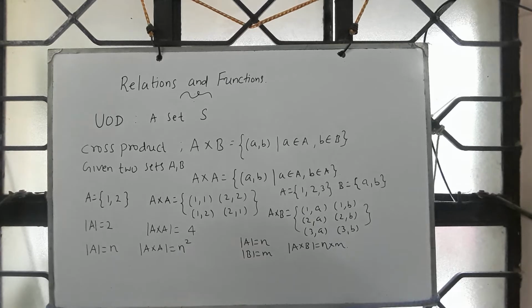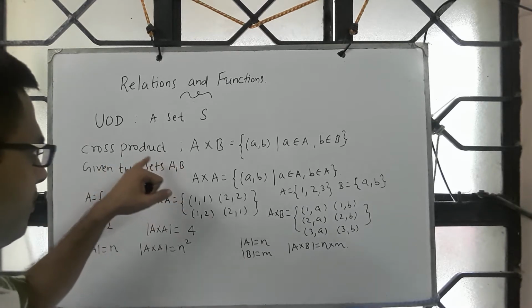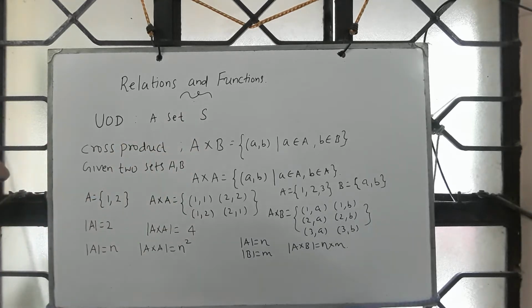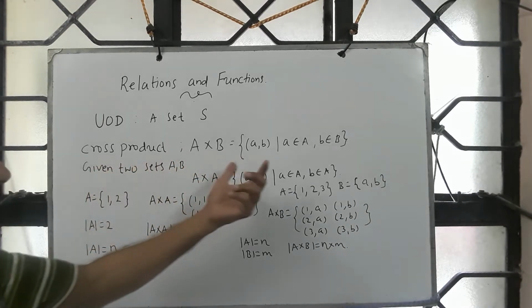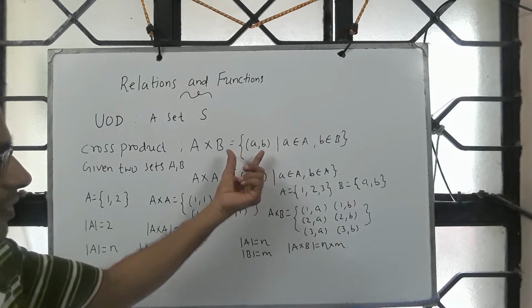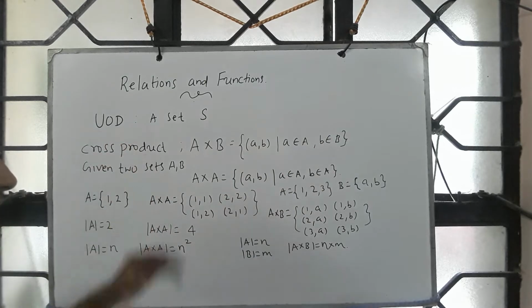Fine. So we define something called cross product, and to talk about cross product we need two sets, and that is also a set. Cross product is also a set, which is why it comes in these braces, and which is a set of ordered pairs (a, b), such that a comes from the first set and b comes from the second set.